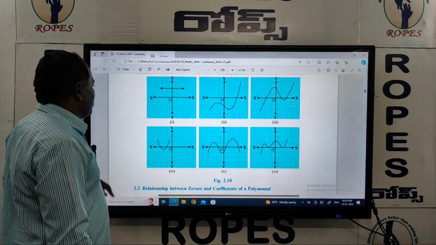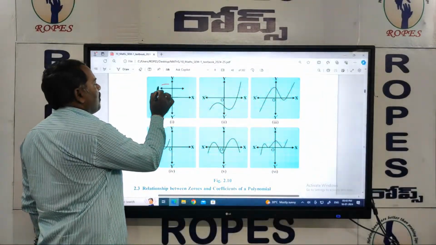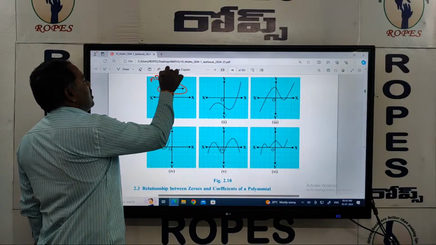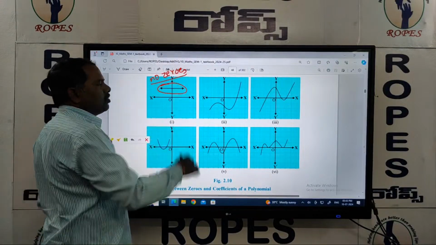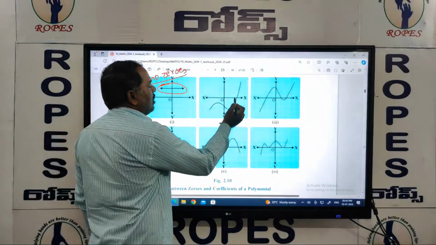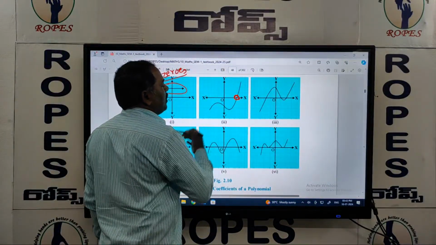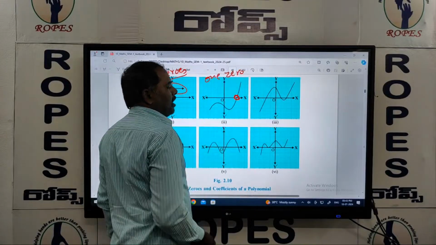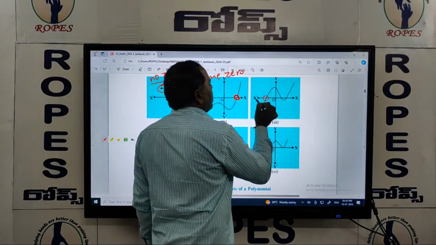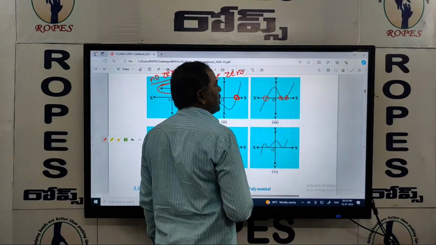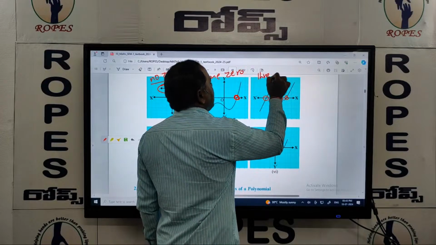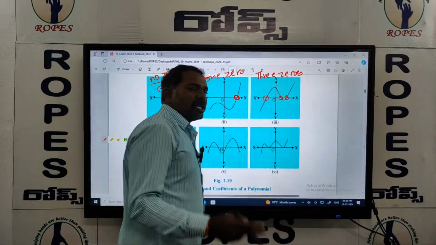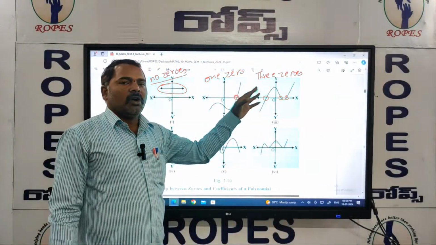In the first one, the graph is not touching the x-axis, so no zeros. If it is touching, then only there are zeros. In the second one, the graph is touching at only one place, so we write 1 zero. Next, in the third one, the graph is touching the x-axis at 3 places, so it has 3 zeros. So by substituting 3 values we can get the 0 in this polynomial.